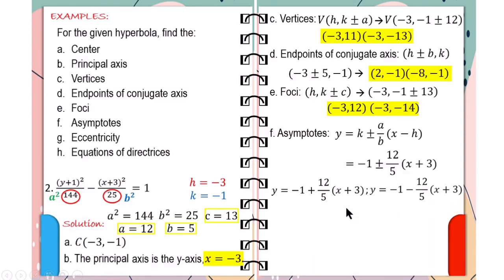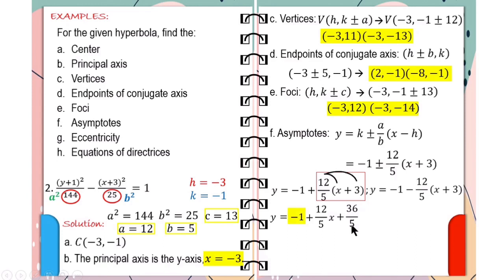Simplify, we distribute 12 over 5 to x plus 3. First, we copy y equals −1. 12 over 5 times x is 12 over 5 x. 12 over 5 times 3 is positive 36 over 5. 12 times 3 is 36 over 5.